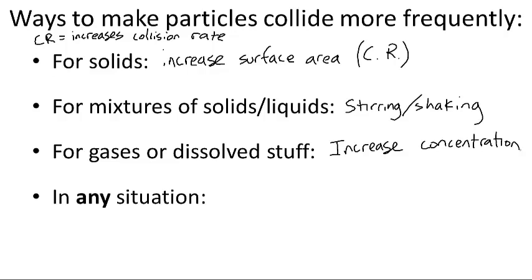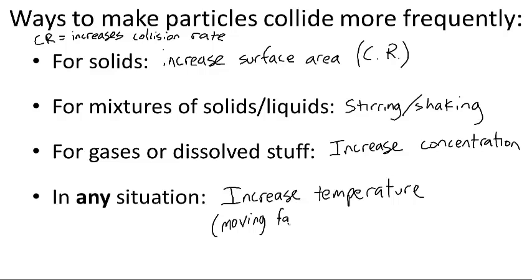And then the one people already mentioned, to make them collide more frequently, make them move faster, so increase the temperature. Because if they're moving faster, that means they're colliding more frequently.